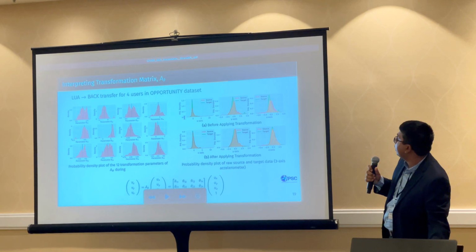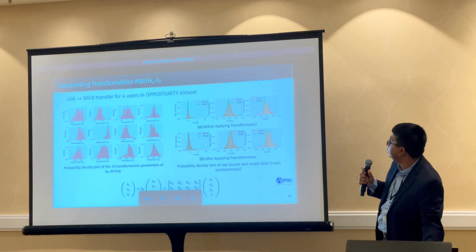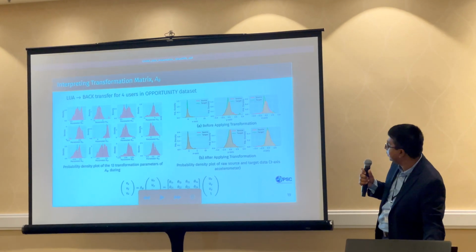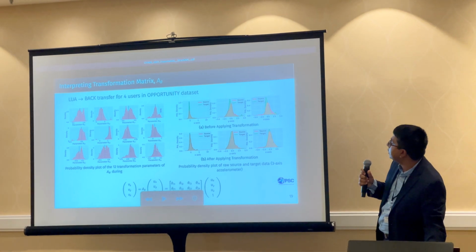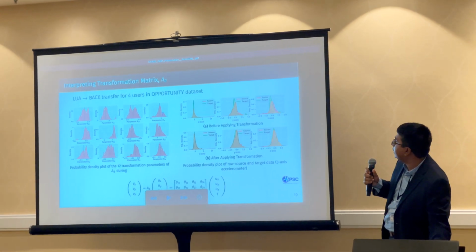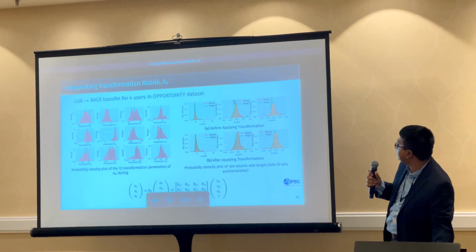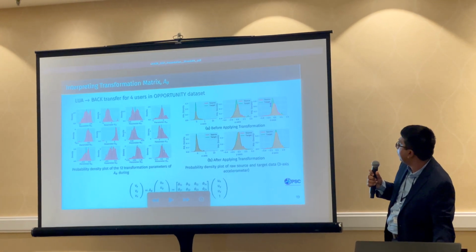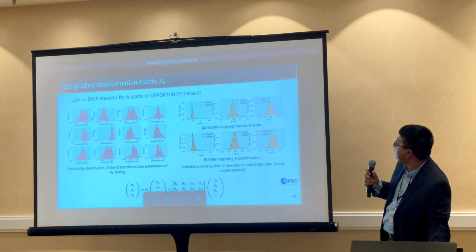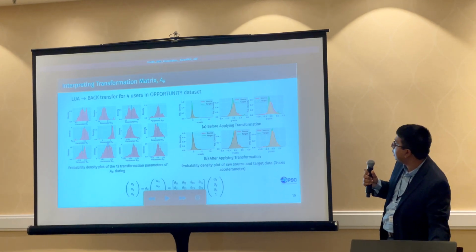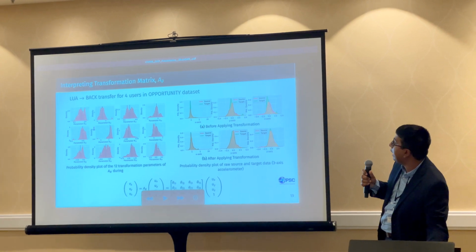For example, this column means how much translation was applied. So there is a negative translation, there is a little bit positive, and you can see that the peaks abide by that rule. This can also be traced to the diagonal of the matrix, where the scale parameters are.